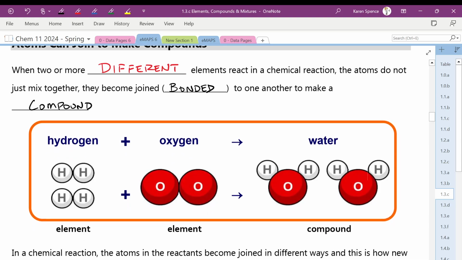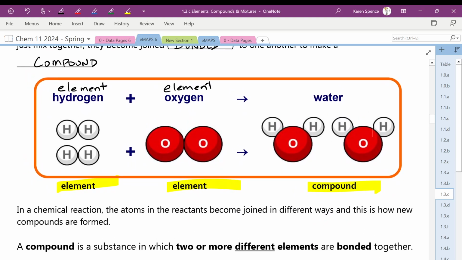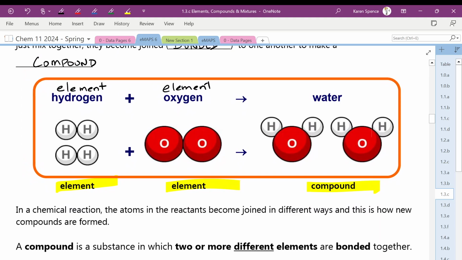Okay. So here we have hydrogen, which is an element, and oxygen, which is an element. Why am I writing this down? We have elements, and when we put them together, we get a compound. Now, if we needed to write the reaction for this, how would we write the chemical reaction?